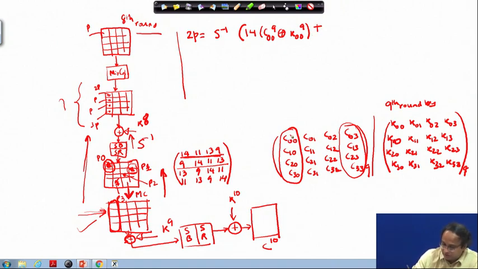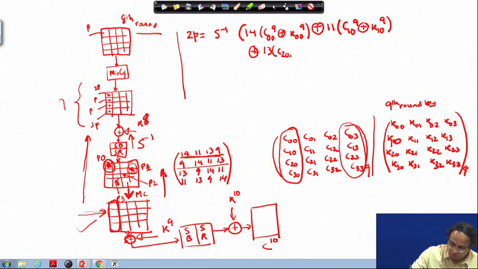Continuing like this, you get 11 times C109 XORed with K109, XORed with 13 times C209 XORed with K209, XORed with 9 times C309 XORed with K309.